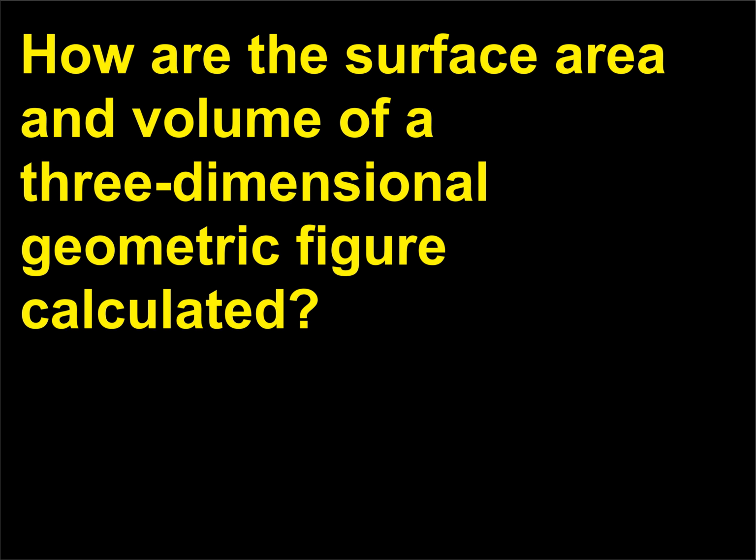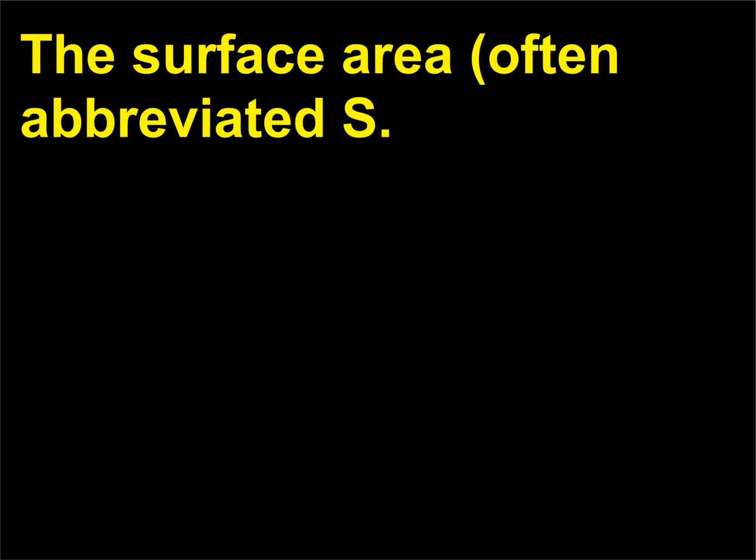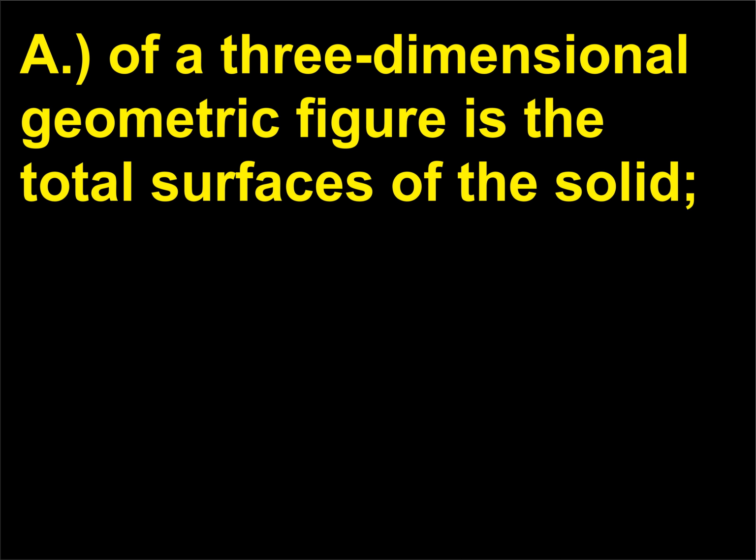How are the surface area and volume of a three-dimensional geometric figure calculated? The surface area, often abbreviated SA, of a three-dimensional geometric figure is the total area of the surfaces of the solid.